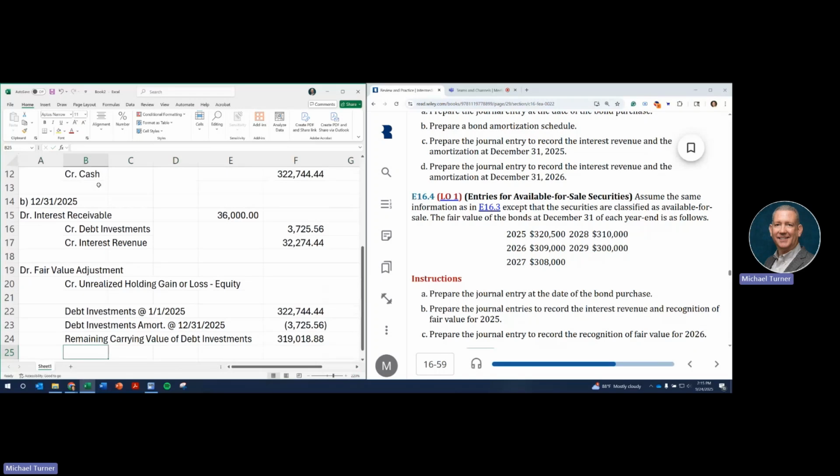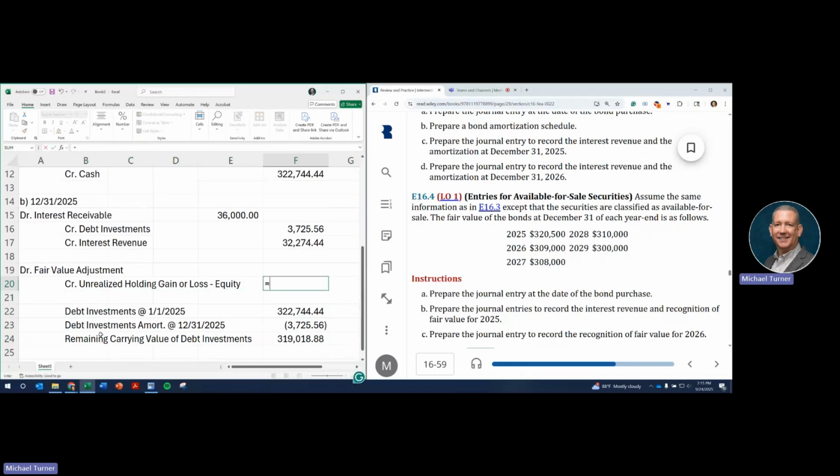However, because we are available for sale, we're going to adjust that to market value. So let's see. So they're on the books for $319,800. However, the problem says that at December 31st, so if we look back at the problem in the book, we see that December 31st, 2025 fair value of these bonds is $320,500. Yet we only have $319,000 recorded. So we're going to adjust that.